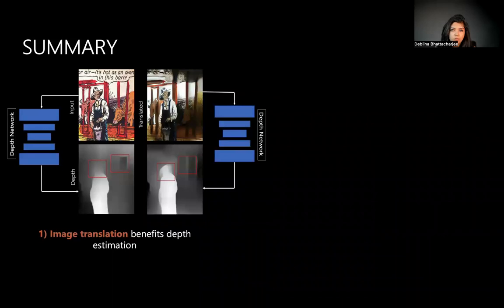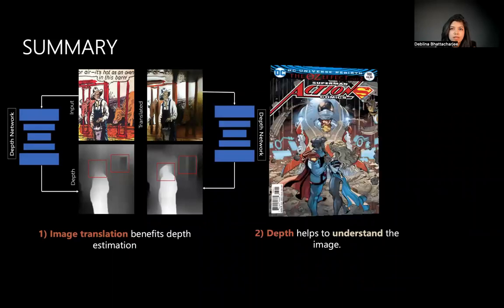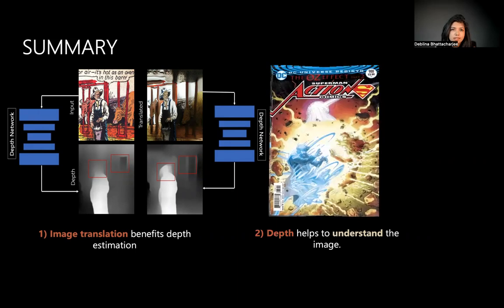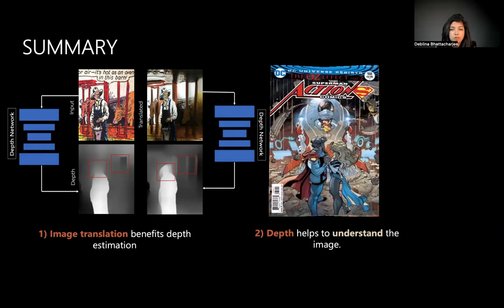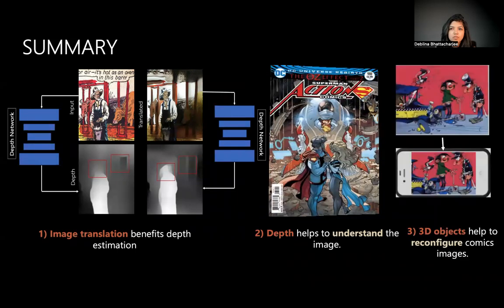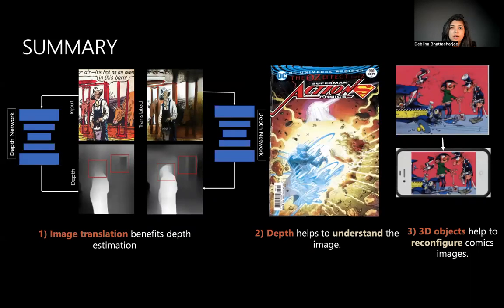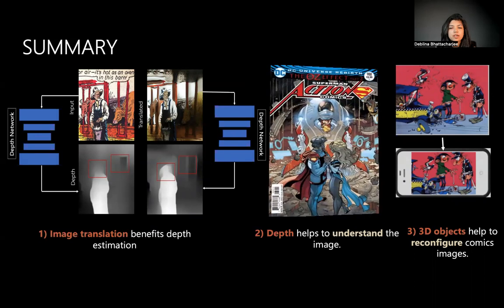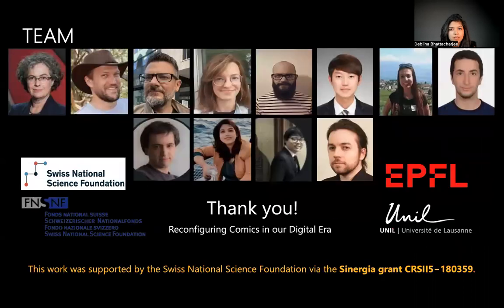In summary, we show that image translation benefits depth estimation. These depth estimates, in turn, give information about size, distance, perspective of objects, helping us to understand the image, which is further used to construct three-dimensional objects that can ultimately be used to reconfigure comics images.